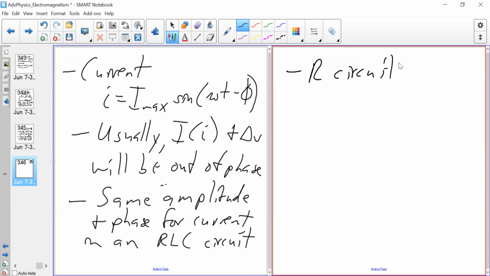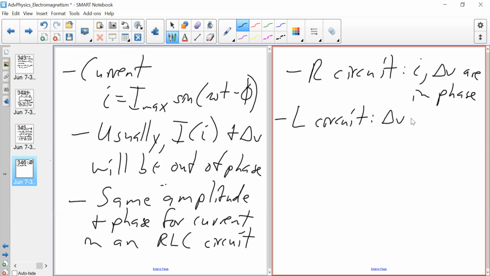On the resistor circuit, the alternating current and voltage are in phase. For the inductor circuit, we found that delta V leads by pi over 2.